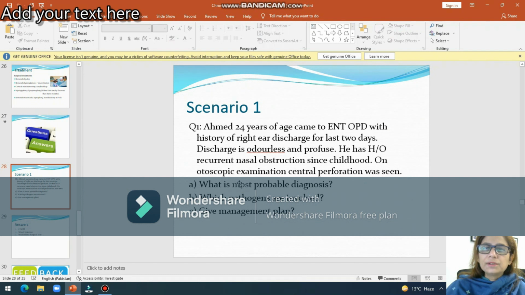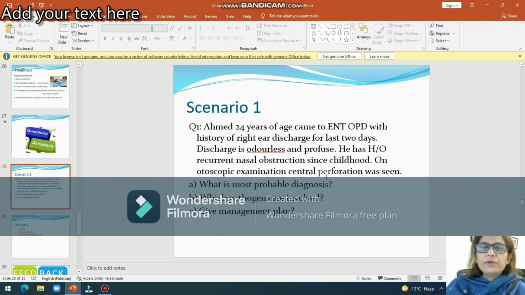Now we will discuss the scenario. Ahmad, 24 years of age, came to the OPD with a history of right ear discharge for the last 2 days. Discharge is odorless and profuse. He has a history of recurrent nasal obstruction since childhood. On otoscopic examination, central perforation is seen.